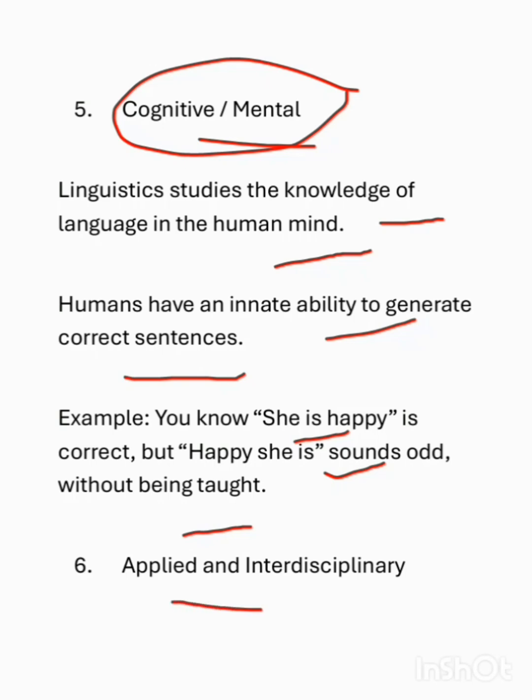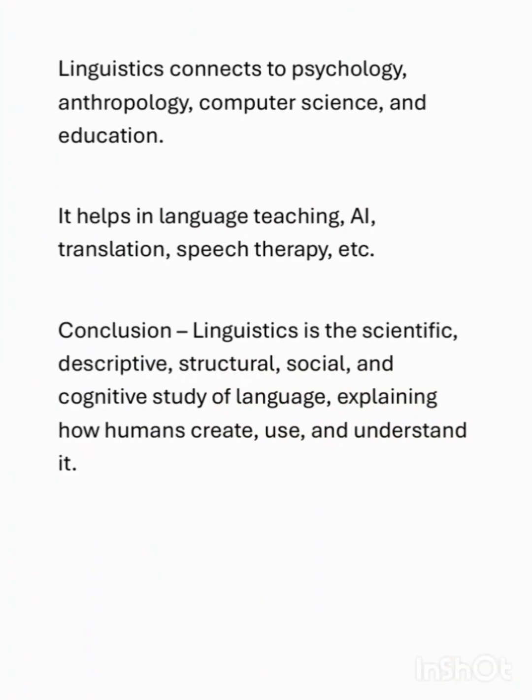Then applied and interdisciplinary. So we take help from other fields, and other fields also take help from linguistics. So it is interdisciplinary. Linguistics connects to psychology, anthropology, computer science, and education. For example, in psychology, we learn how language comes in our mind.